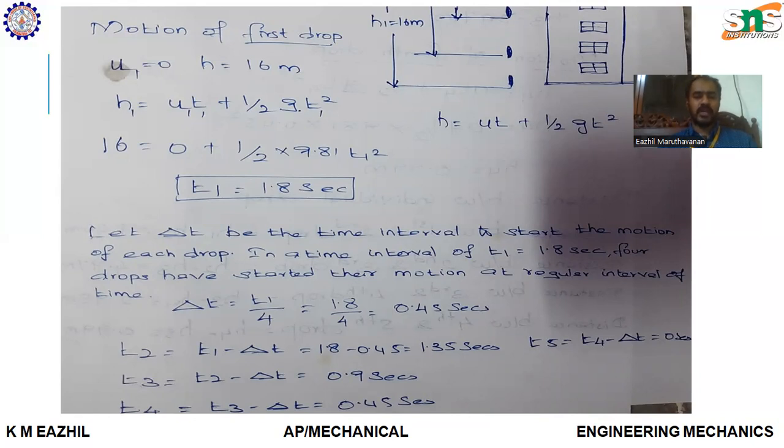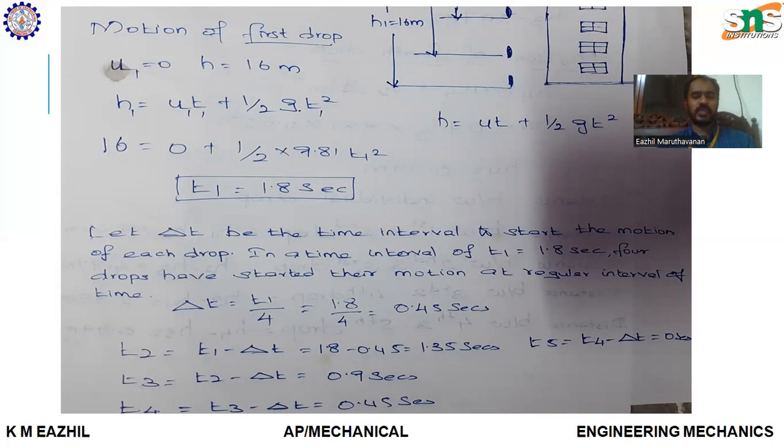In the given data, it is clearly stated that the time interval between each droplet is uniform. So we have to divide the time t1 by 4. So 1.8 divided by 4.